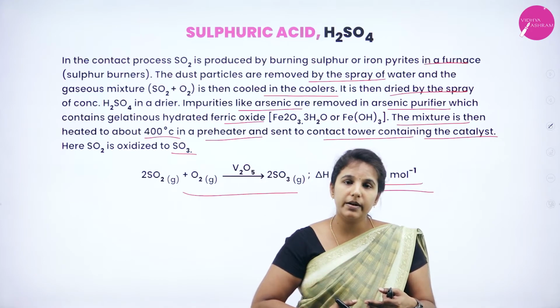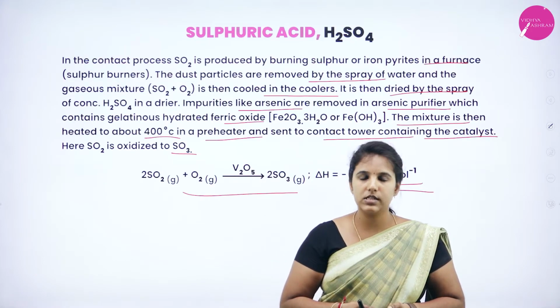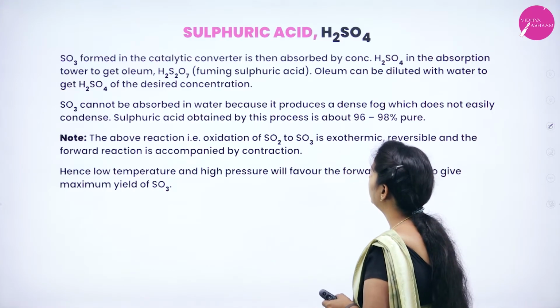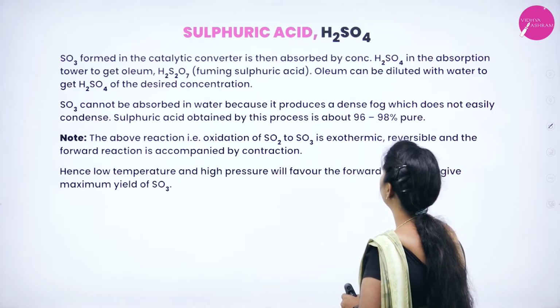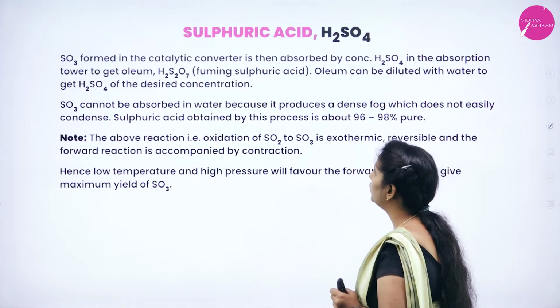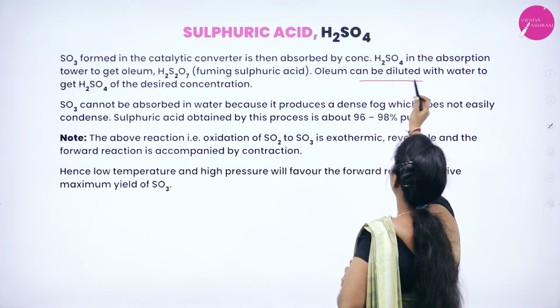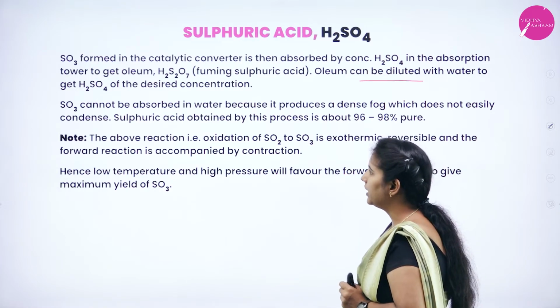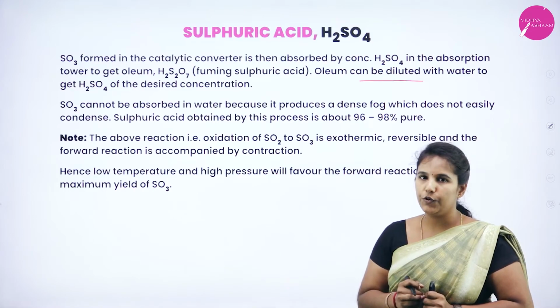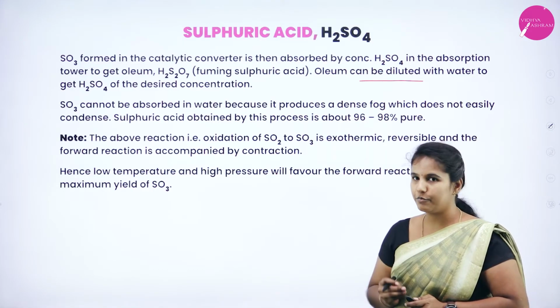Later that oleum is dissolved in water to get sulfuric acid. The sulfur trioxide formed in the catalytic converter is absorbed by the concentrated sulfuric acid in the absorption tower to get oleum, and the oleum is diluted with water to get sulfuric acid. This is how they prepare sulfuric acid by the contact process.